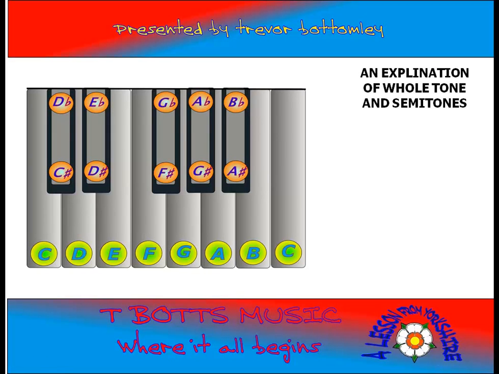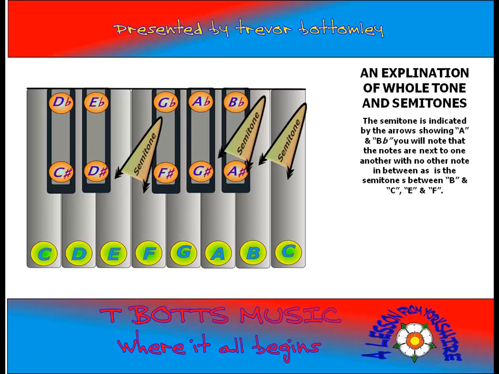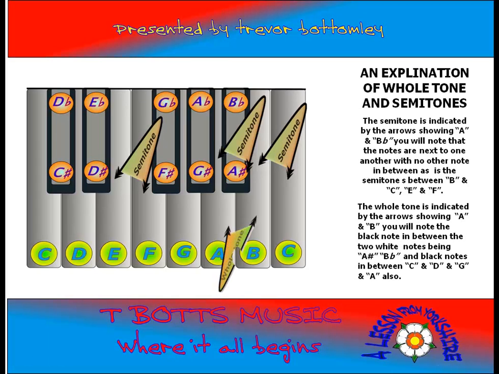An explanation of whole tones and semitones. The semitone is indicated by the arrows showing A and B flat. You will note that the notes are next to one another with no other note in between, as this is the semitone between B, C and E, F. The whole tone is indicated by the arrows showing A and B. You will note the black note in between the two white notes being A sharp and B flat.